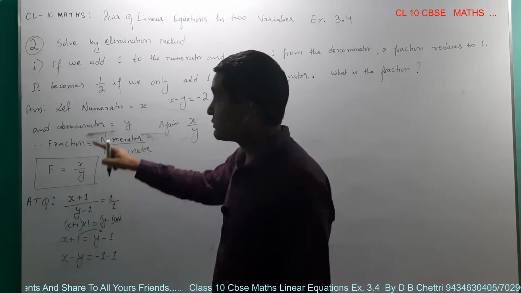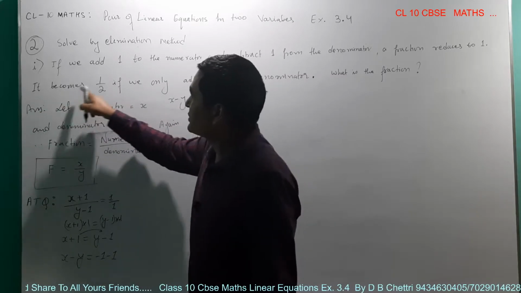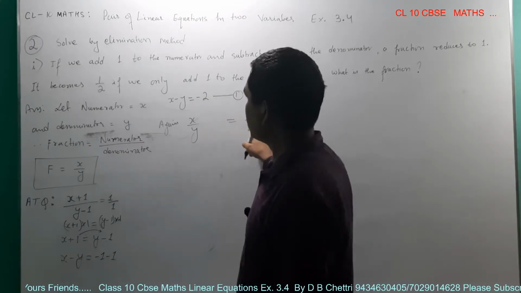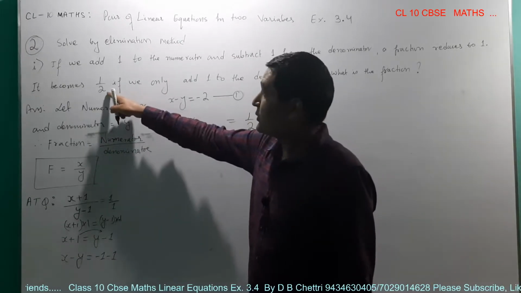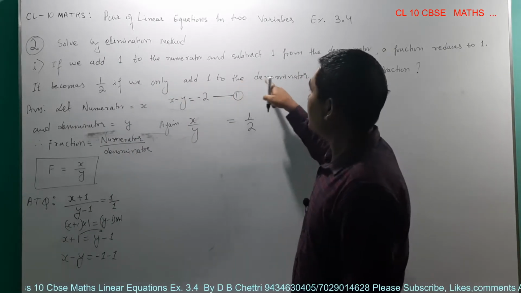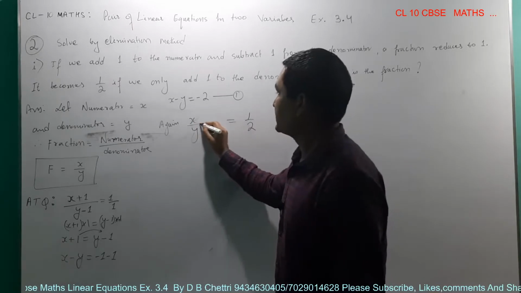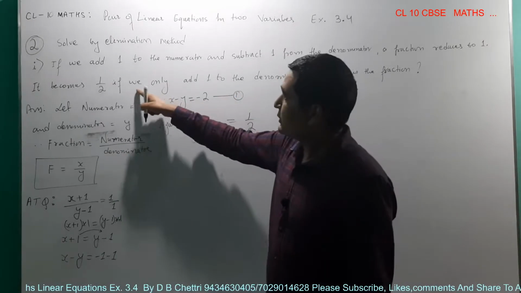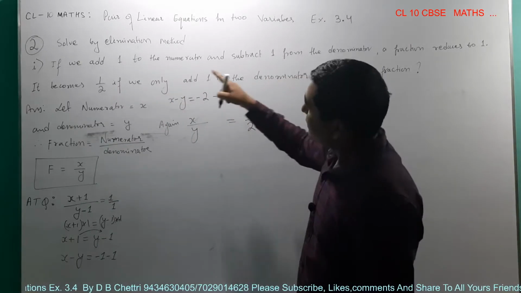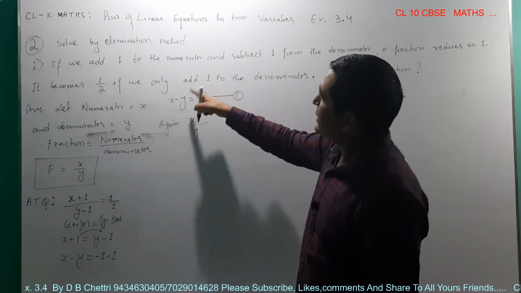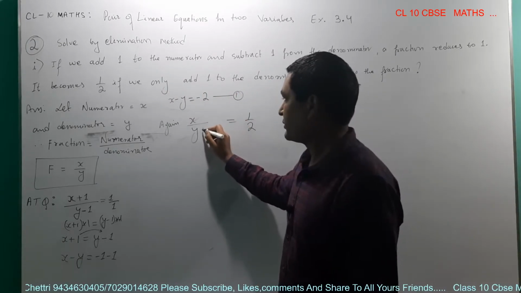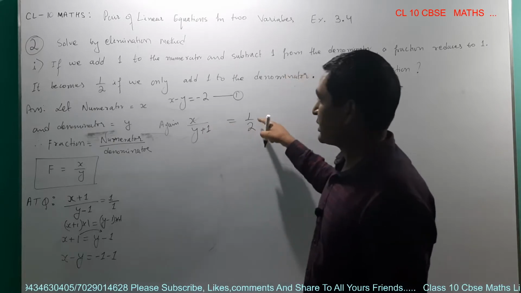Now the second part: the fraction becomes 1 by 2 if we only add 1 to the denominator. That means the denominator, the number at the bottom, gets 1 added to it, then the fraction becomes 1 by 2.